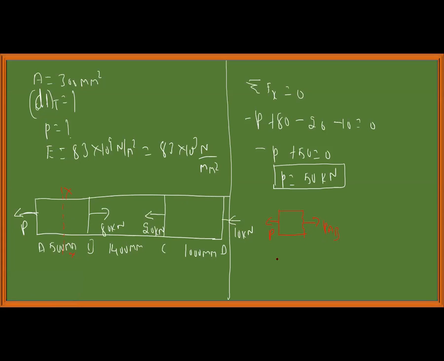Summation of forces in x direction is equal to 0, which means P of AB minus P is equal to 0, or P of AB is equal to P, which is equal to 50 kilonewton. Hope you understood this. Okay. Next segment we will pass.